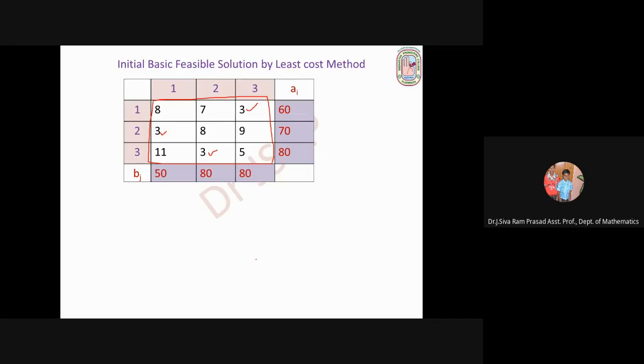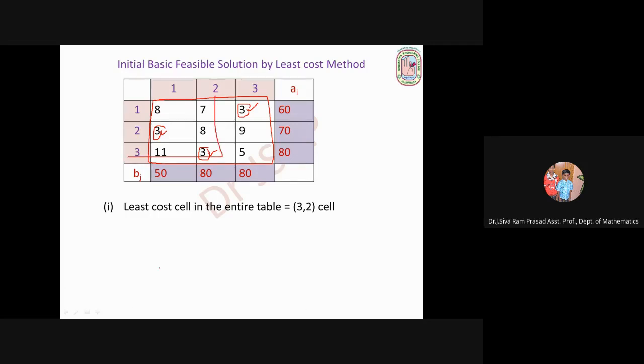So the least cost cell is not unique. So there are 3 cells with least cost. So there is a tie for the selection. So arbitrarily you can take any one. There is no rule to break the tie. So you can take this cell or this cell or this cell. Okay. So arbitrarily I take this cell, 3 2 cell.